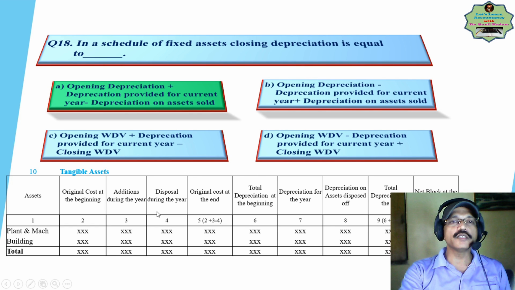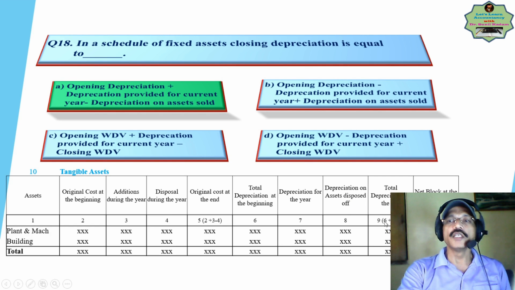For calculating this, the portion talks about the original cost of asset: opening balance of asset plus purchases of asset minus sale of asset is the closing balance of asset. From this asset the depreciation will be deducted, and for calculating this depreciation we first consider the opening balance of depreciation plus depreciation charge for current year minus the provision for depreciation of the assets sold out, so the closing depreciation.